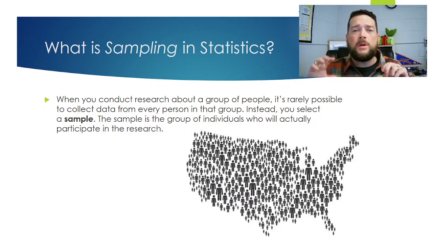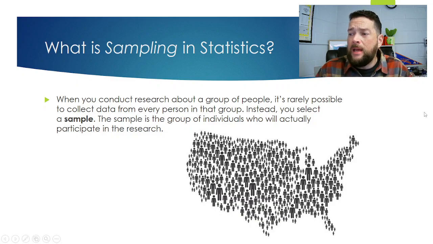And so what we do is we take a sample, which is just a small group of people that we can use to answer that question and gather our numbers, and that we can use to represent an entire population. Which means sometimes we have data that is fair and data that is unfair. We're going to talk about that today, talking about bias in statistics and things like that.